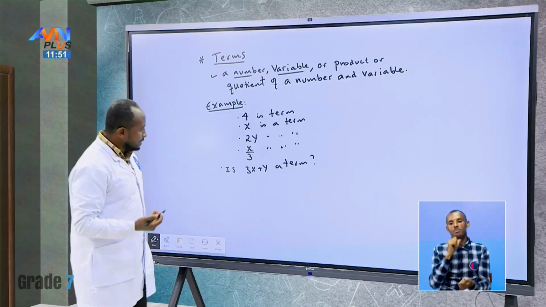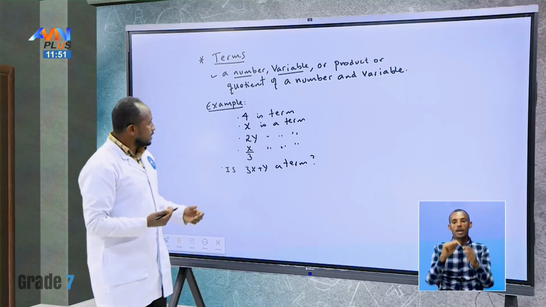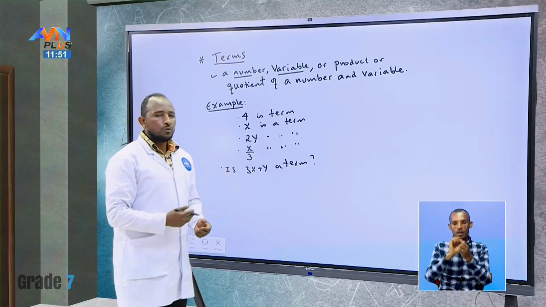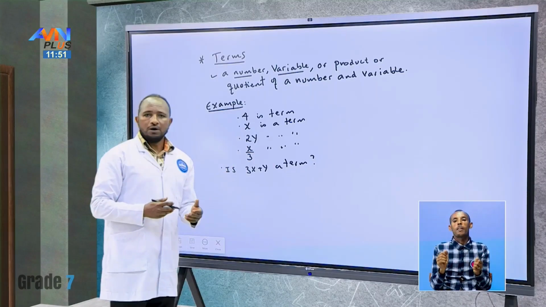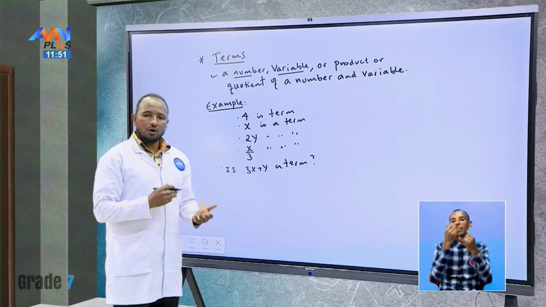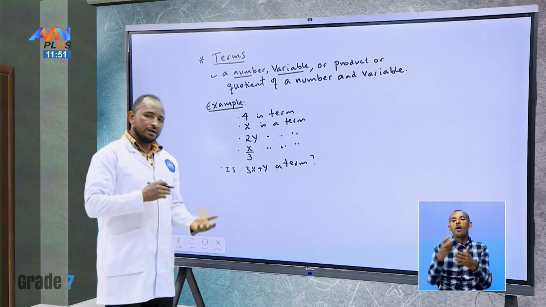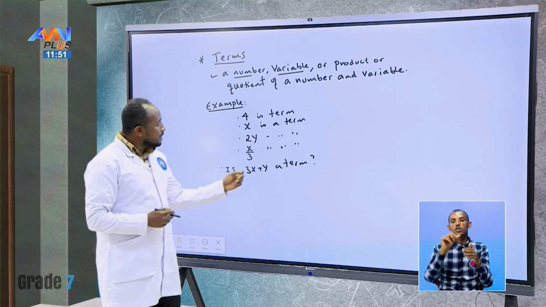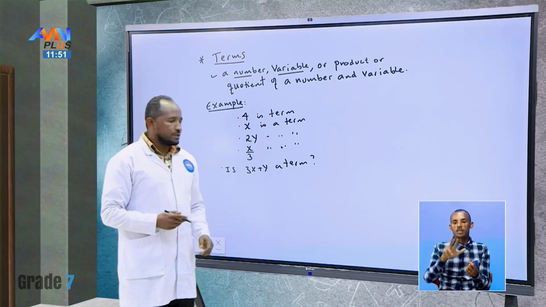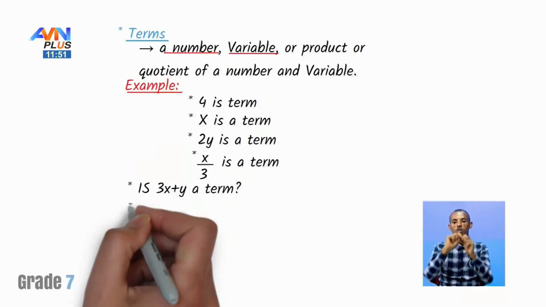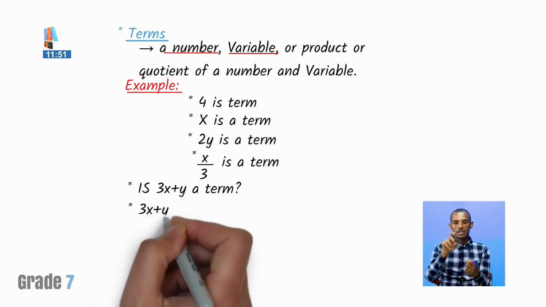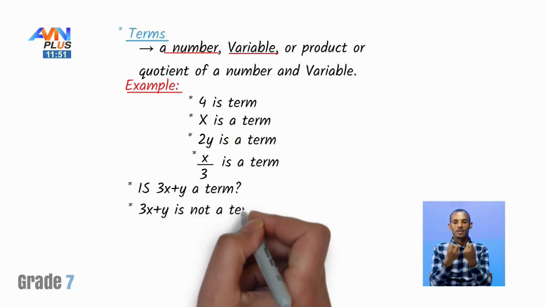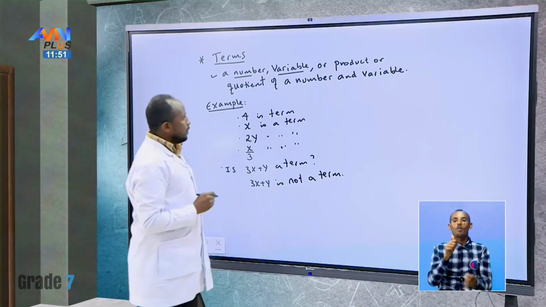As we said, a term is a combination of numbers and variables with multiplication or division signs, or simply the quotient and product of numbers and variables. Sum and difference is not a term. Therefore, 3x plus y is not a term.